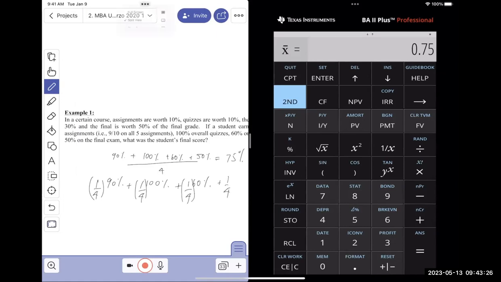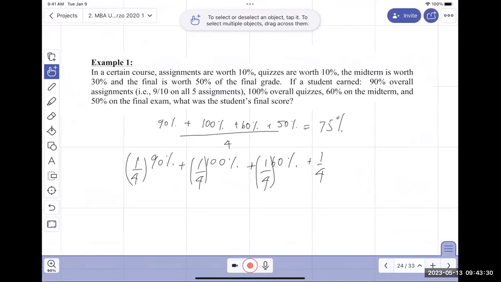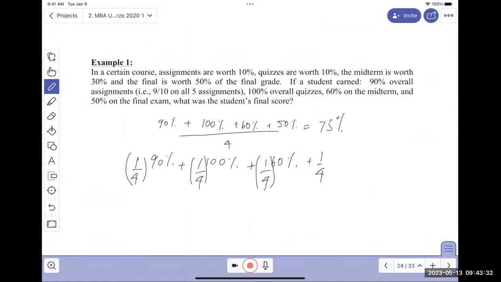It's like distributing a quarter weight to each one to get 75. But we're not going to do that. We're going to change the weights. And we're told it's 10%, 10%, 30%, and 50%. So we're going to change those because this is incorrect. Because these are incorrect, the weights are incorrect.